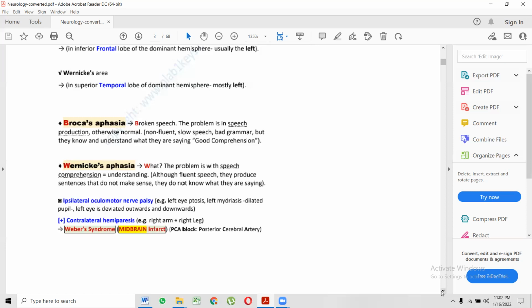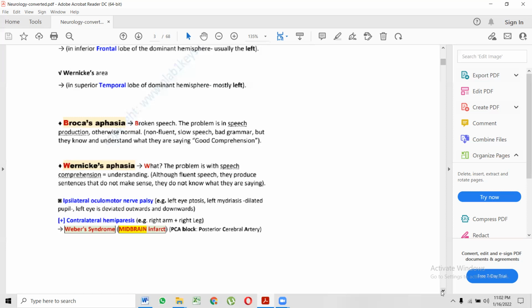Occipital lobe is associated with vision. Temporal lobe is related with language comprehension and memory formation.